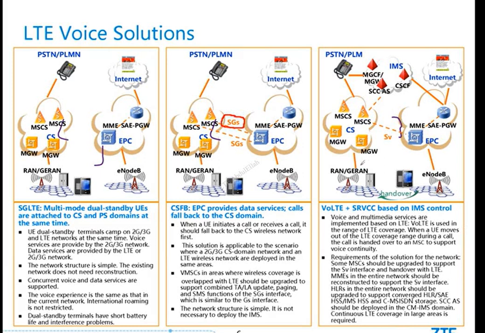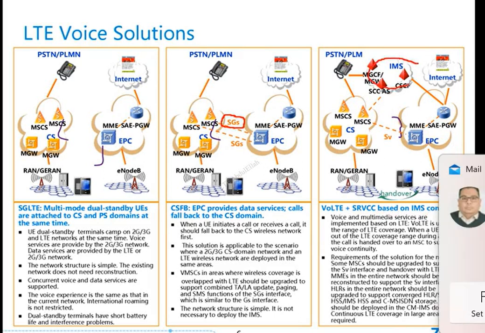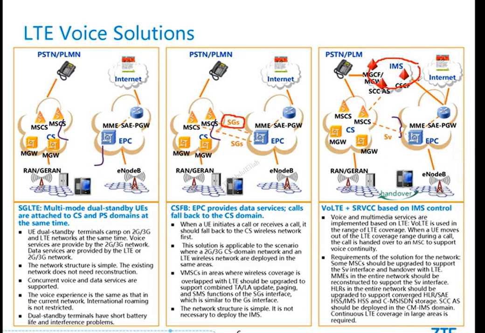Because of the SGS interface, we can support CS fallback technology. The last solution is VoLTE plus SRVCC based on the IMS solution. In this solution, in the LTE core network, we should deploy the IMS system. Because of the IMS system, the LTE network can support voice by itself.